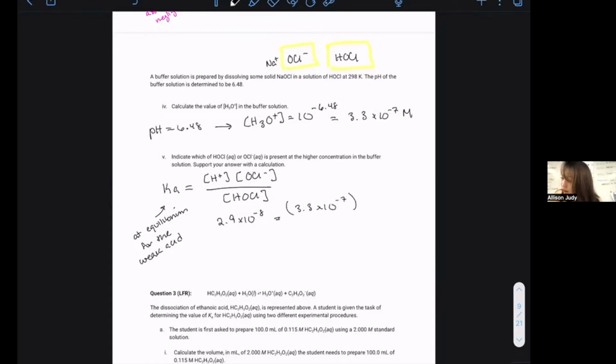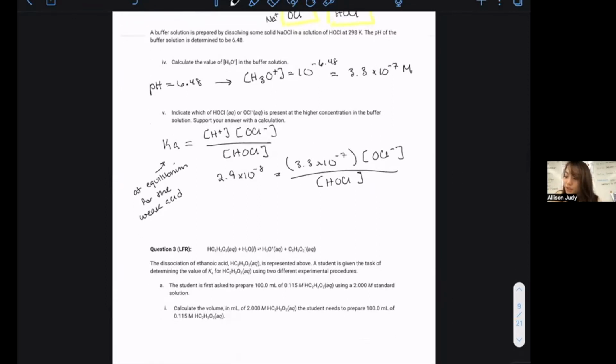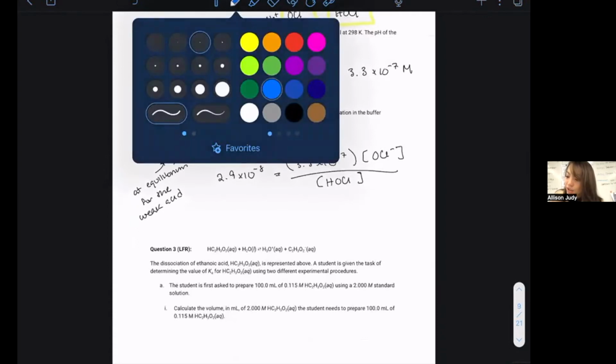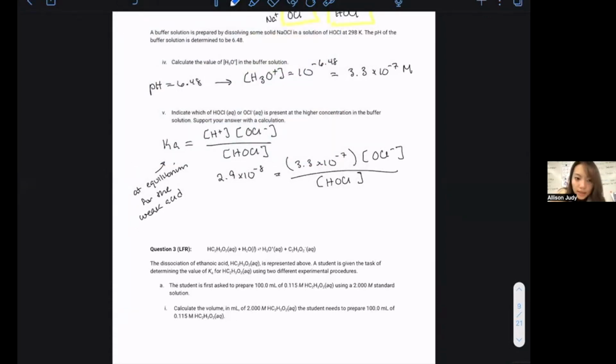Then I'm left with, I'm solving for the ratio of concentration between the OCl minus conjugate base and HOCl present in the buffer solution theoretically at equilibrium. So if you do a little bit of algebraic manipulation, you actually get a ratio. You get 2.9 times 10 to the negative 8th over 3.3 times 10 to the negative 7th equals the ratio between OCl minus concentration present in the buffer solution and HOCl concentration.